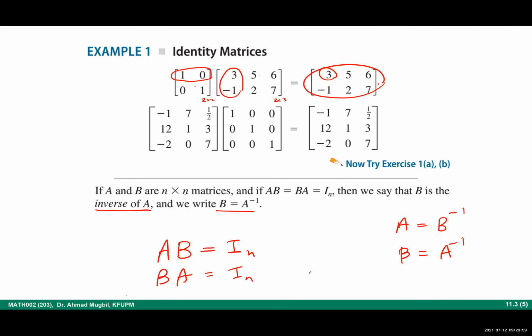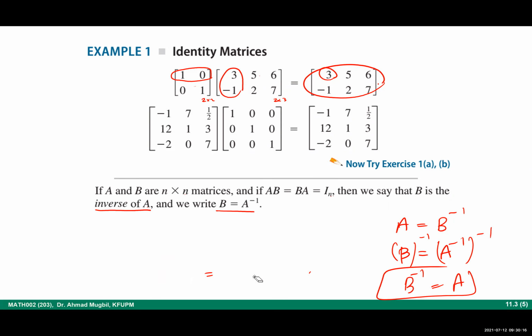And we write it like that: B equals A inverse, or A equals B inverse. This, of course, will tell you, guys, that the inverse of the inverse is the matrix itself. We will mention that later.